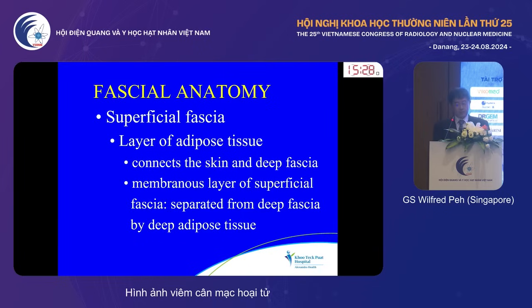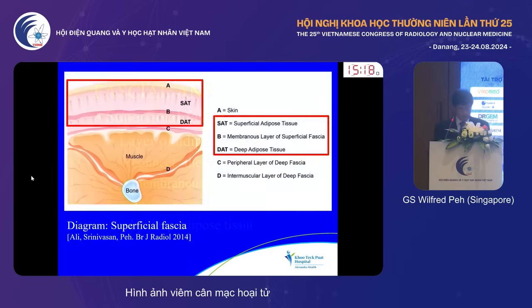In between the superficial adipose tissue and deep adipose tissue, there's a membranous layer or superficial fascia. As shown in this diagram, the red box indicates the superficial fascia. This is the superficial adipose tissue, the deep adipose tissue, and this is the membranous layer, which you can sometimes see labeled as B.